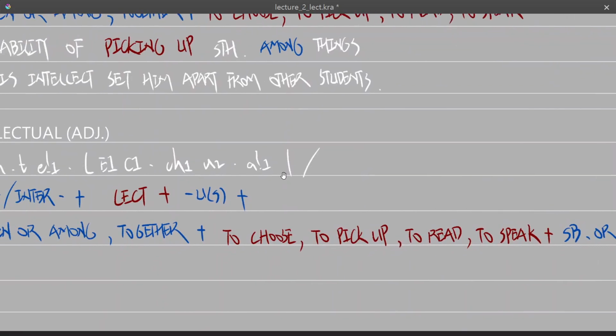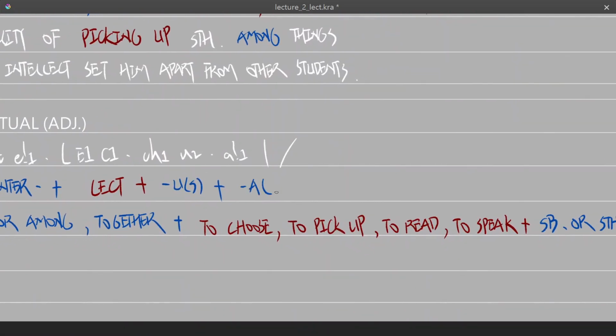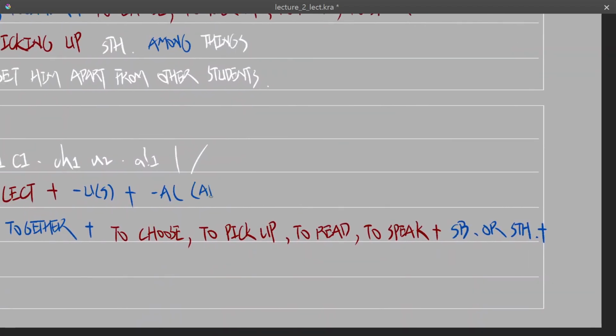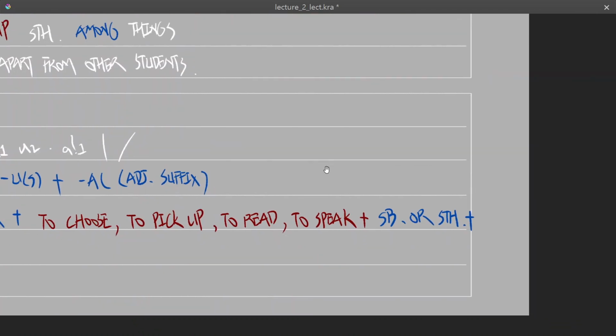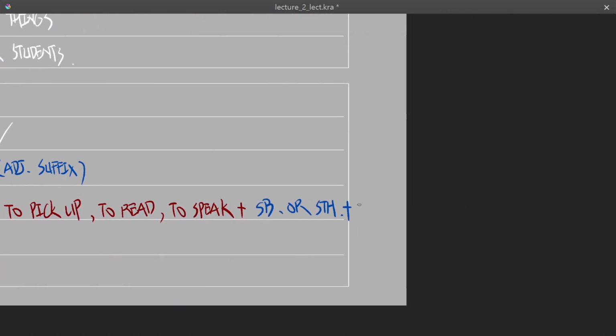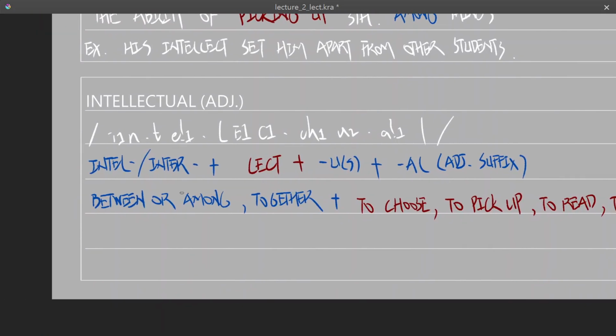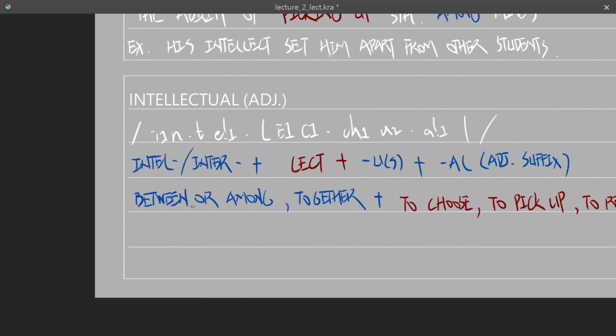And lastly, we have an adjective suffix L. That's an adjective suffix, which means relating to something. So intellectual literally means relating to what?